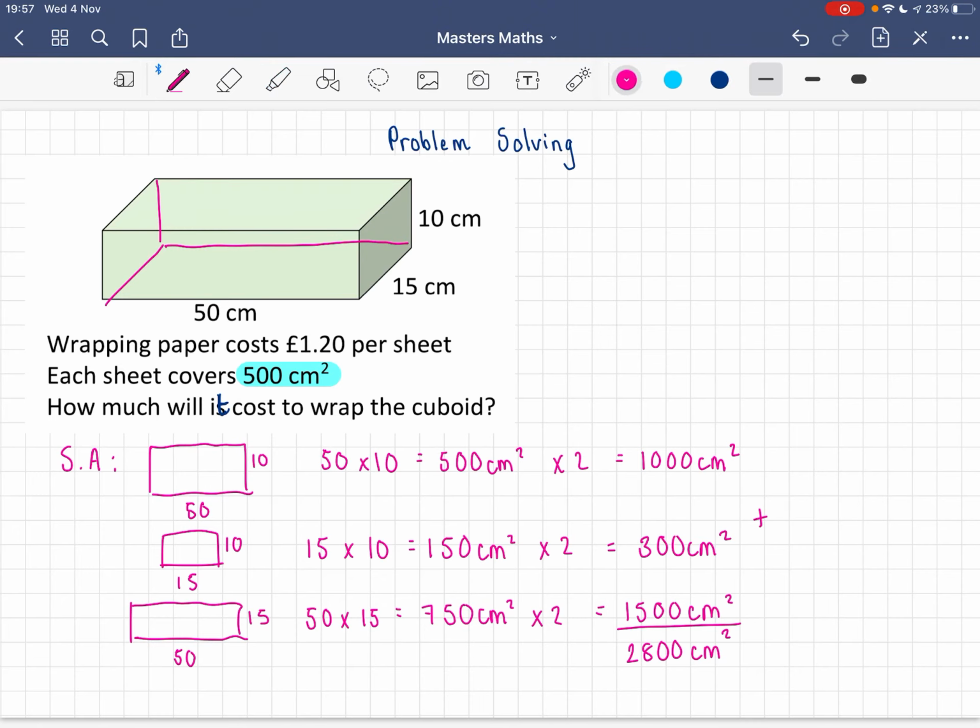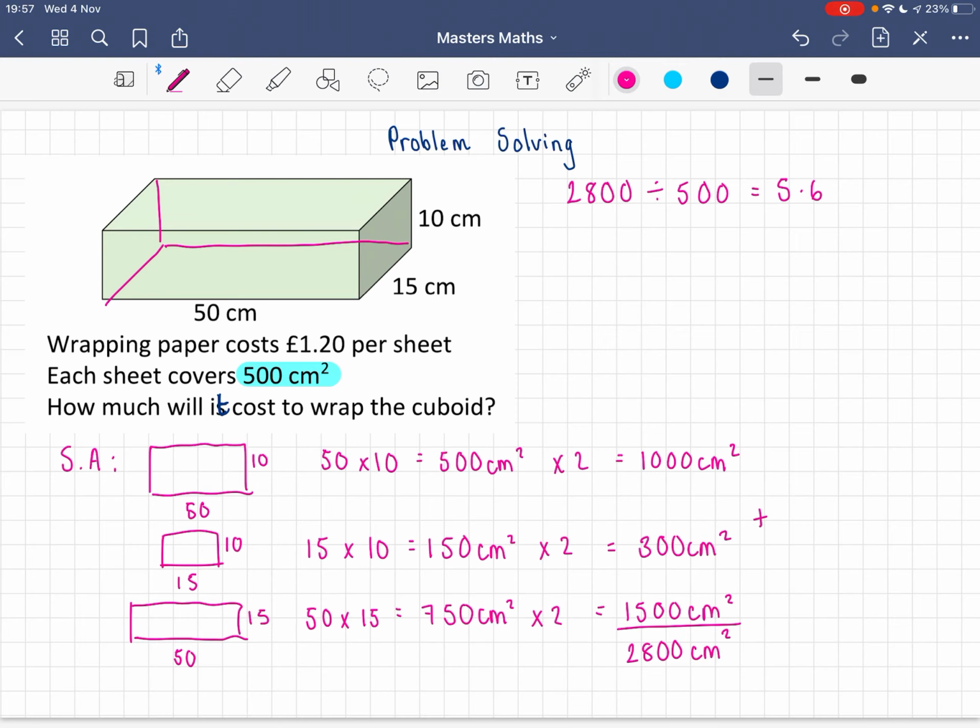So we need to divide 2,800 by 500 to work out how many sheets of wrapping paper we need. 500 goes into 2,800 5 times with 300 centimetres left over. So that would be 0.6. So it goes in 5.6 times. So we need 5.6 sheets of wrapping paper.